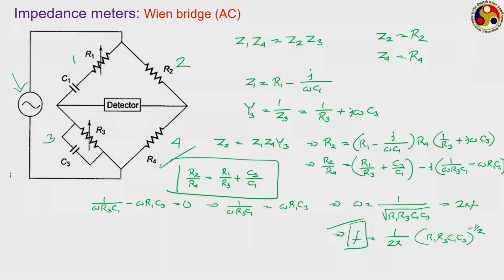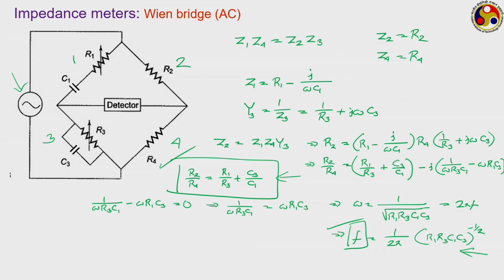It is possible to write them as exclusive relations between R1 and C1, like from this relation maybe we can get R1 equal to something and put that back in the second relation to get the value of C1 in terms of f, but generally that is not required for our analysis. This is the way we generally analyze a Wien bridge oscillator.